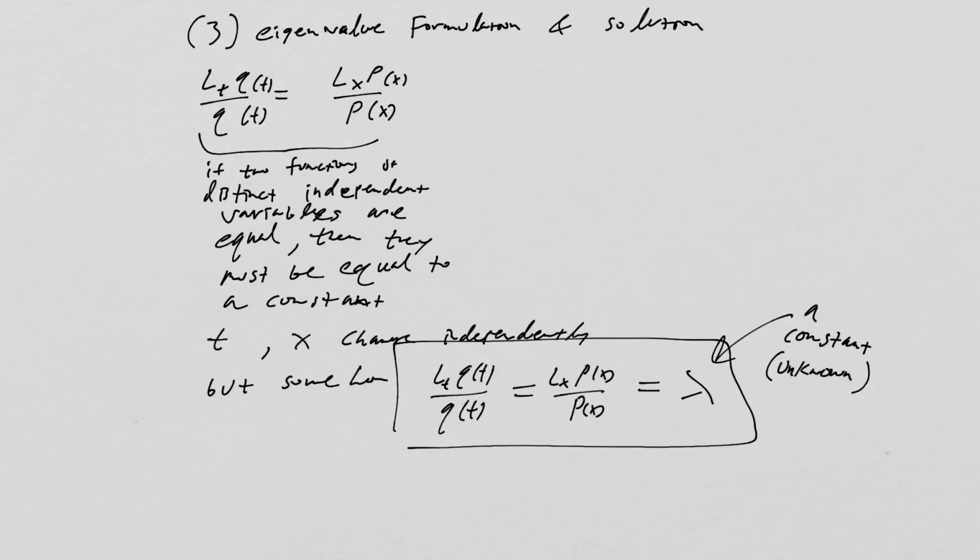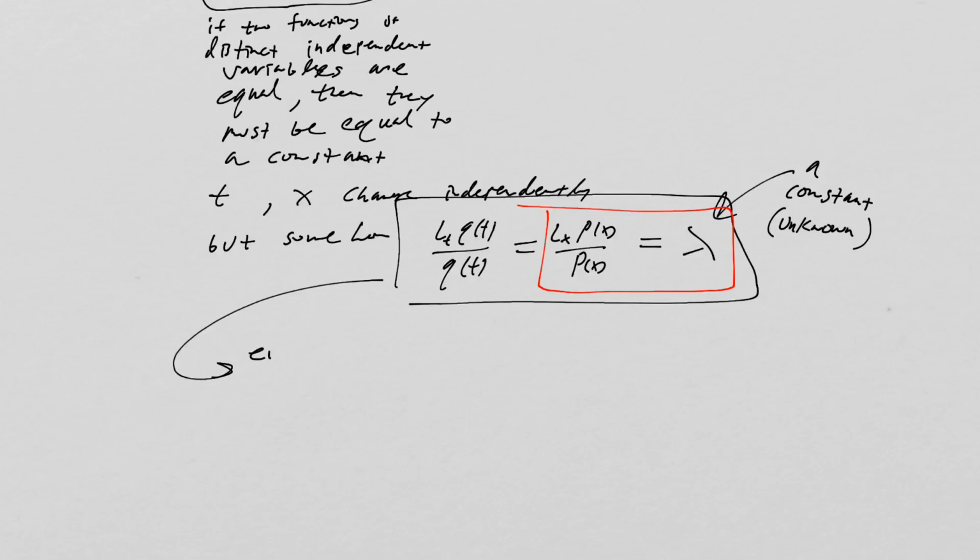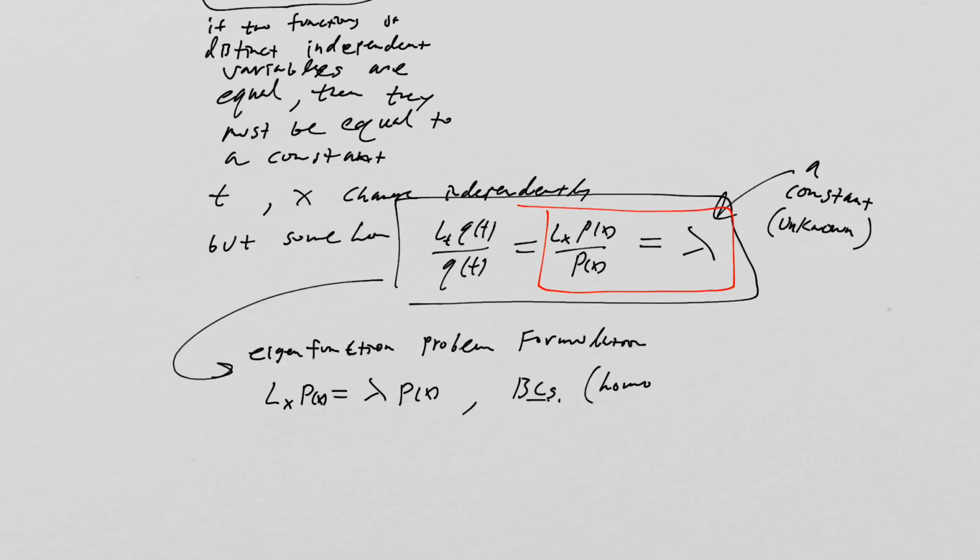And what I really want to focus on is this right here, our spatial equation. So we see now that that gives us an eigenfunction problem formulation, where we have Lx of p is equal to lambda p, for all of x, subject to the boundary conditions, which are homogeneous, that forms an eigenfunction problem.